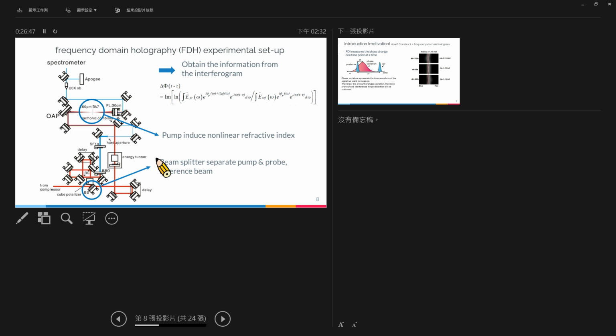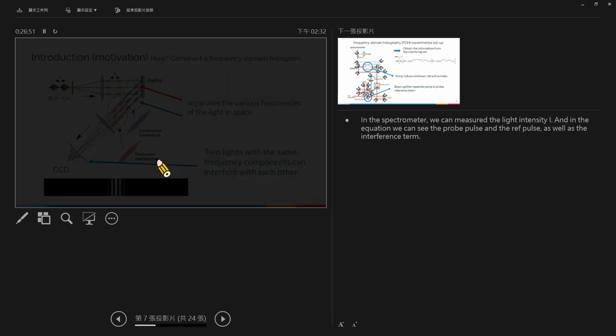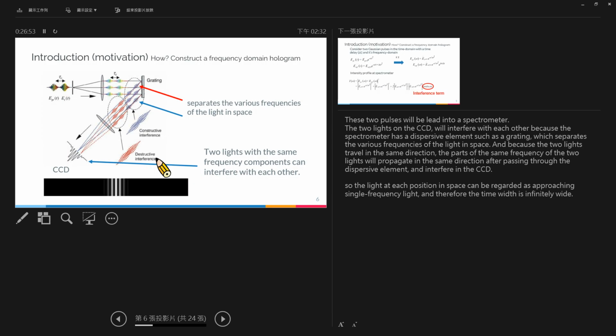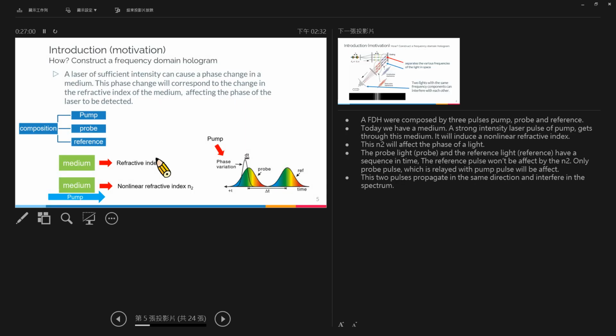Can you go back to your first two or three pages? How do you generate a phase change? This nonlinear effect, right? You're talking about the phase change of your optical wave. I think a phase change will be related to the nonlinear refractive index. By changing this, it will also affect the phase.